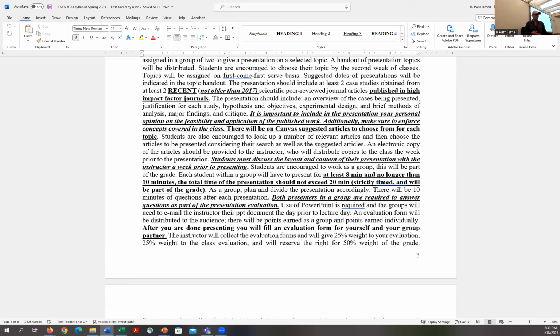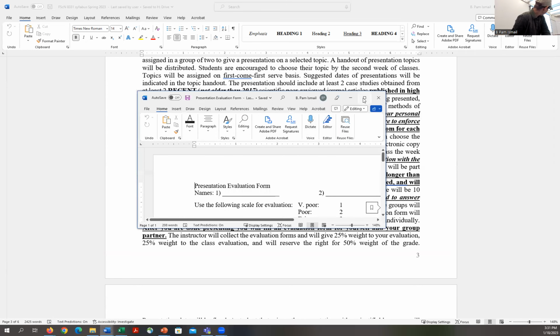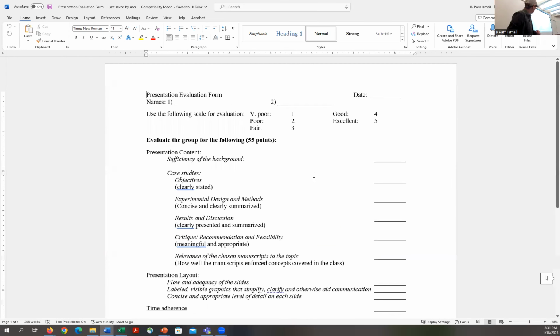So what's the role of the people in the class? They're going to grade you. So you're going to grade yourself, and also they are going to grade you. You are going to grade each other. So here is the evaluation sheet. You will be graded as a group on certain content, 1 through 5 points.